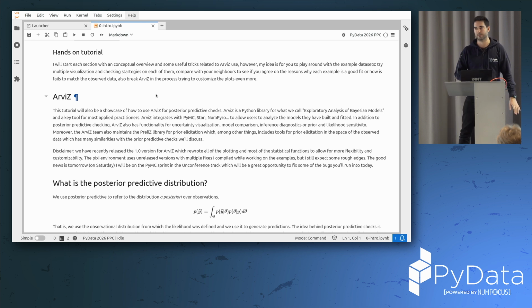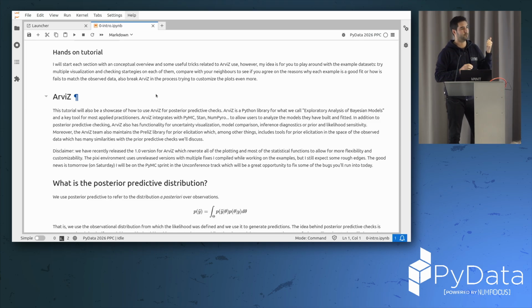There are particularly new features in the posterior predictive, but also we have a lot of new checks for prior and likelihood sensitivity that can tell you how the model inference will change when you change the likelihood or the priors of your model without actually having to refit the model, which is quite handy.